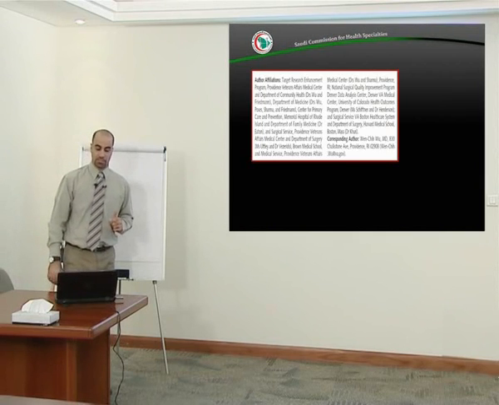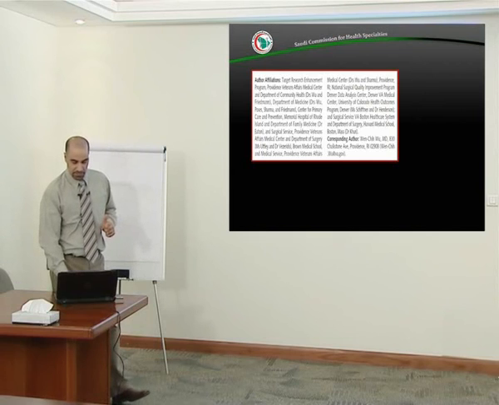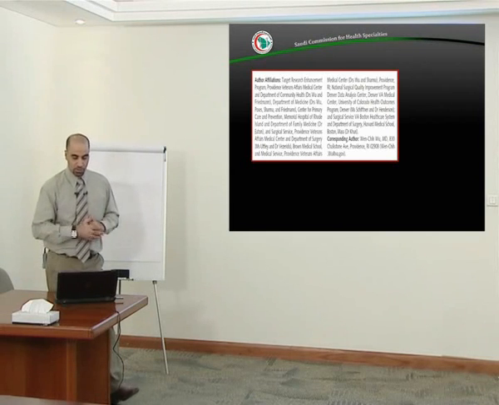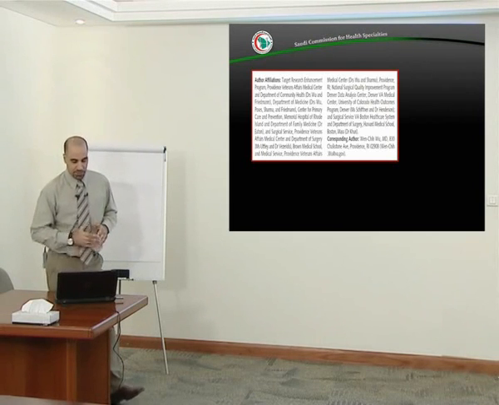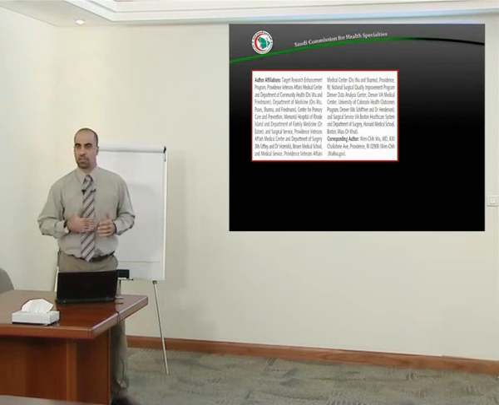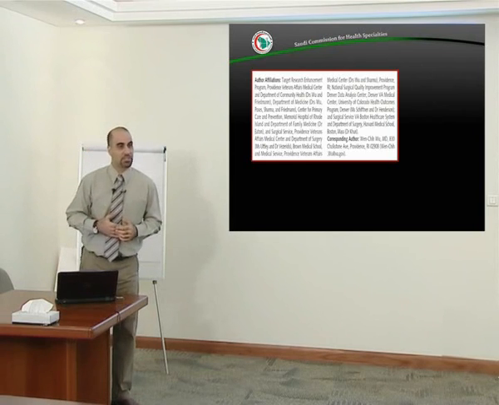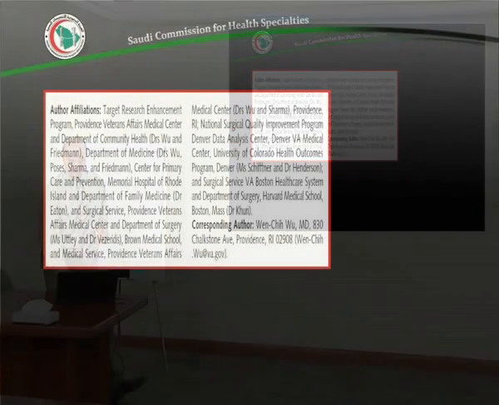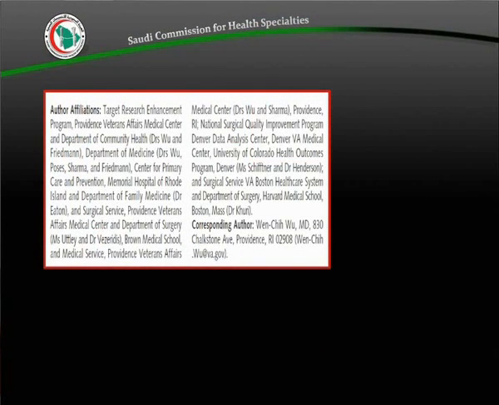The author affiliations. In this case, they put the author affiliations, for example the departments and the universities and the countries where the study was done, and so on and so forth. I will not go over the whole thing. And they put information about the corresponding author. In this case, it is Dr. Wen Chi, and the address, and of course the email.